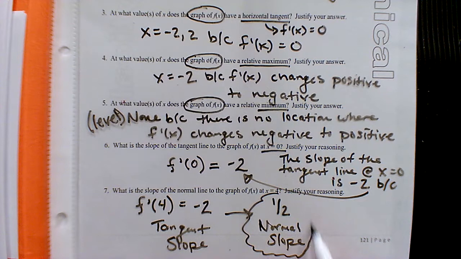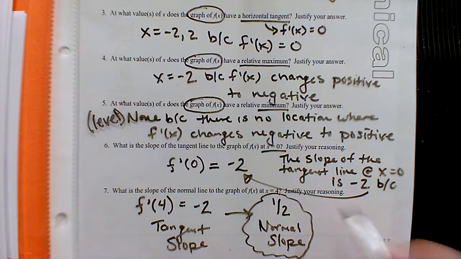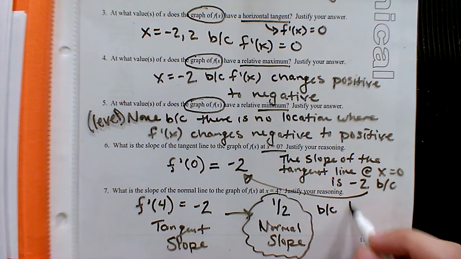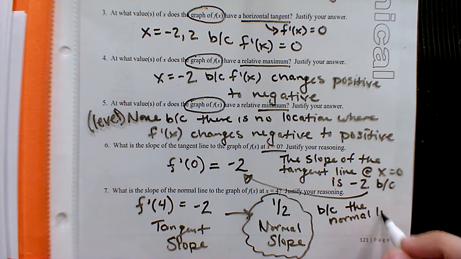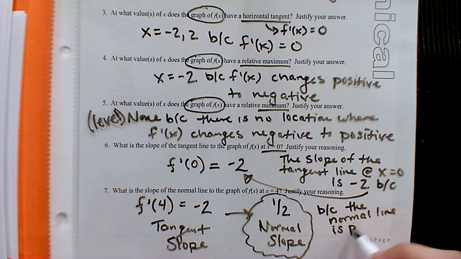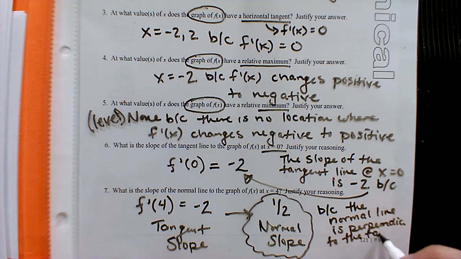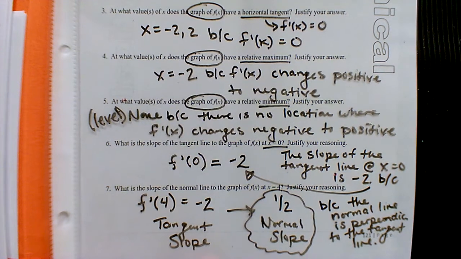So we'll say the slope of the normal line is 1/2 because the normal line is perpendicular to the tangent line, and we found the tangent line to have a slope of -2.